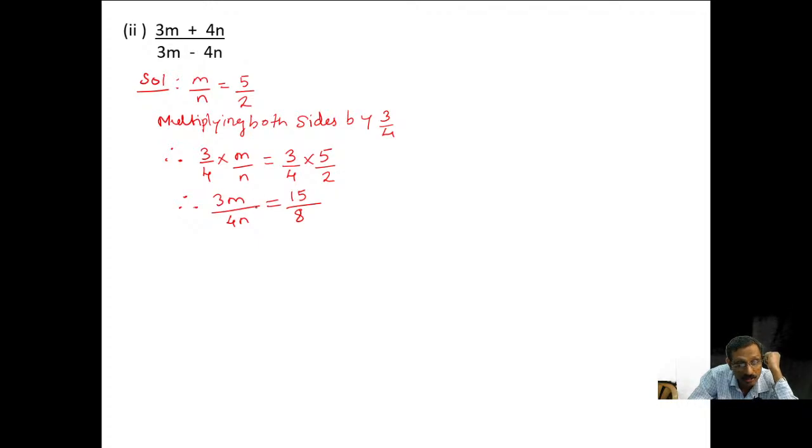Now, can I use here componendo and dividendo so that I can get this 3m plus 4n upon 3m minus 4n? Okay, let's see.